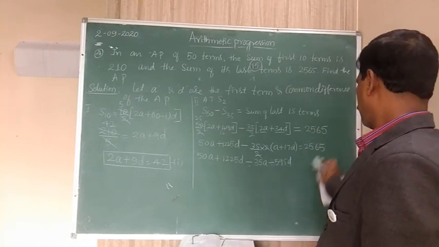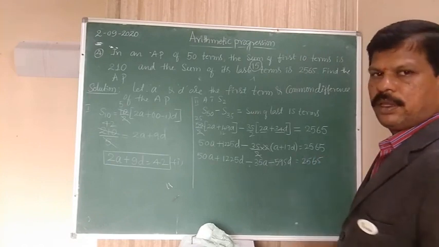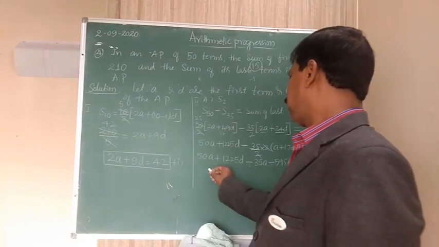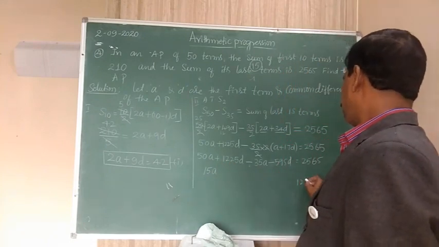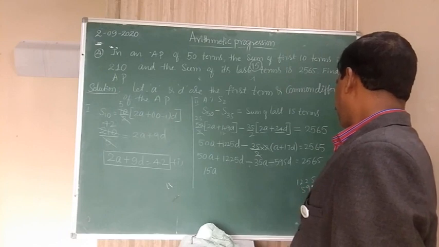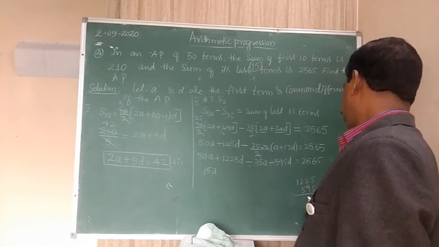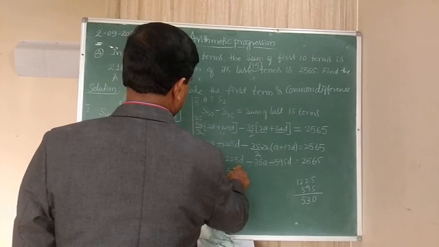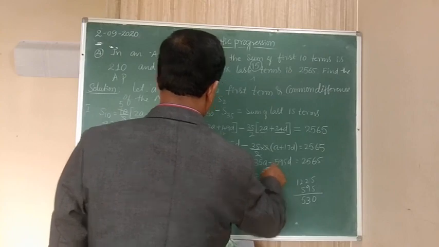Okay, now equals 2565. Understood? Now here 50 minus 35 means 15a. Here subtract this, 1225 minus 595: 5 minus 5 is 0, 10 minus 9 is 1, plus 2 is 3, 10 minus 5 is 5, so 530d equals 2565.